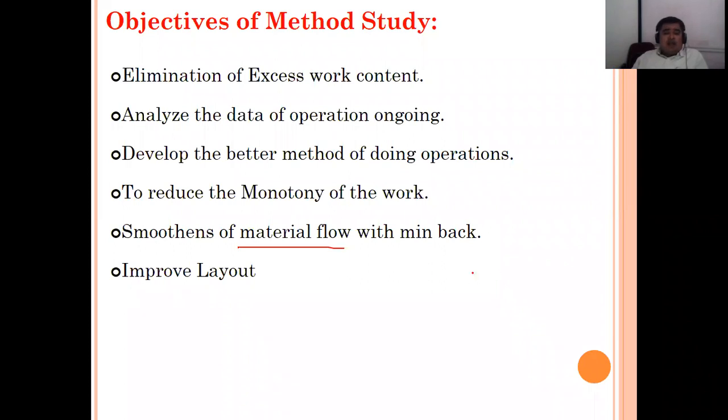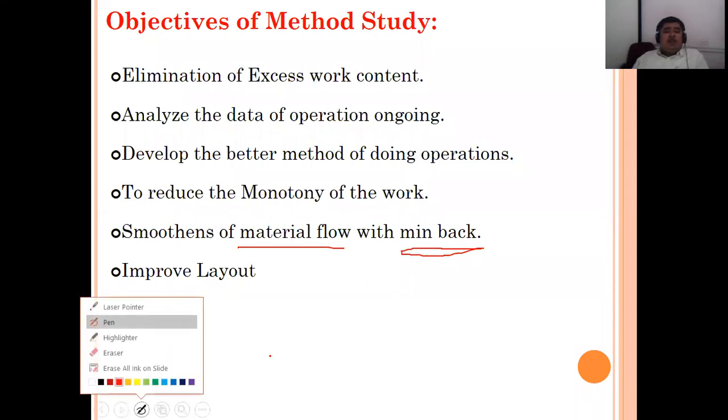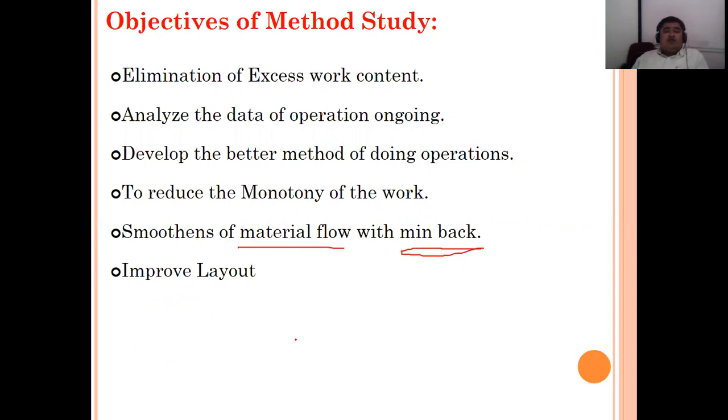And here another word is there, minimum back. What is the minimum back? You might know that rework is there. Some jobs may be required to be reworked, because some have defects.